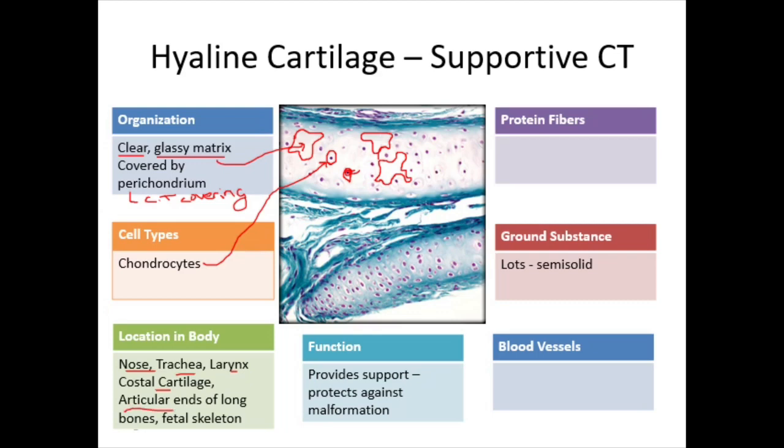We'll talk more about this with chapter 7. So we're going to provide support, protecting against malformation, lack of protein fibers, lots of semi-solid, giving this glassy appearance, ground substance, no blood vessels.